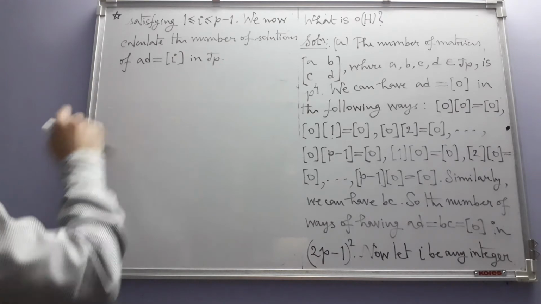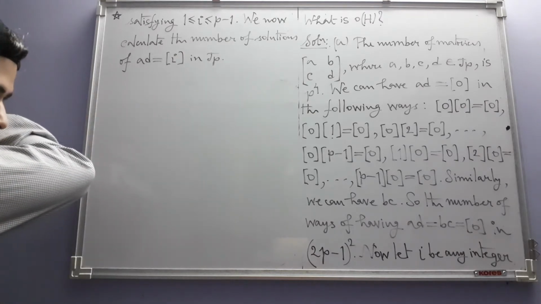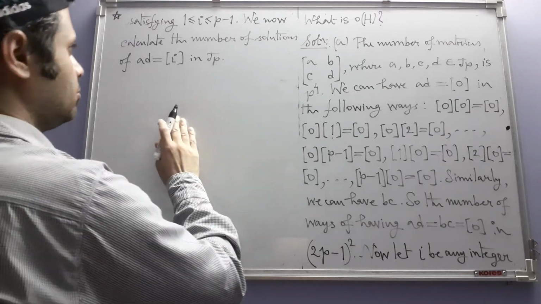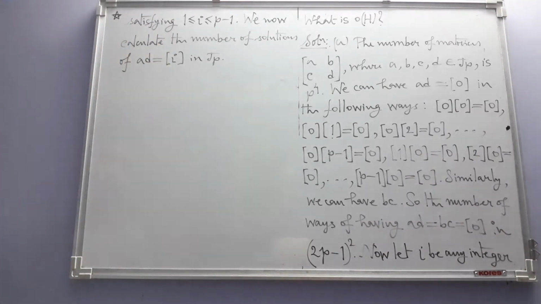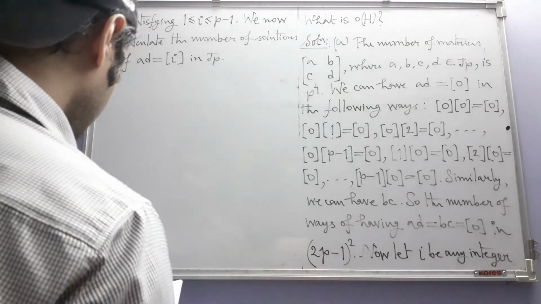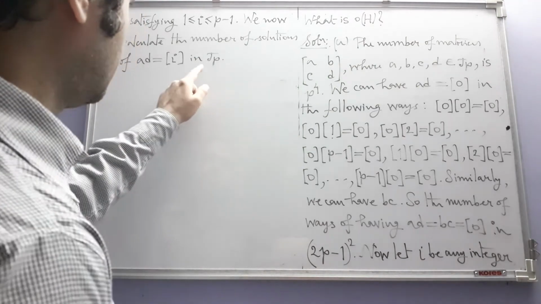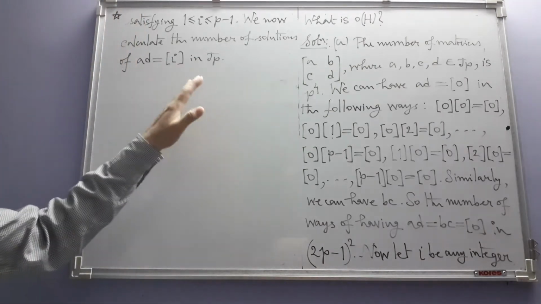That means A and D will now come from JP. They are coming from JP and we now have to figure out how many possible ways we can have AD equal to I. And this is a place where a result of group theory is needed. So far we have not got any major results in group theory.